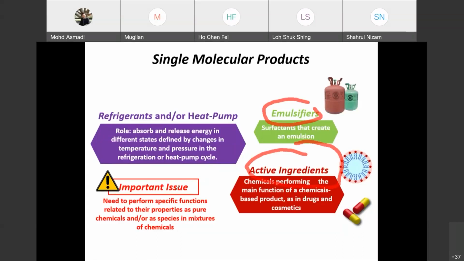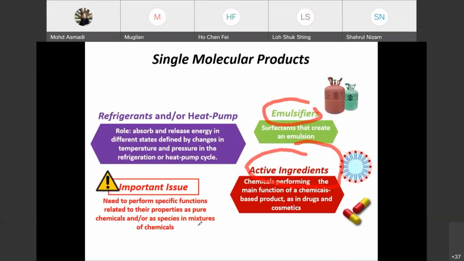However, there is an important issue: they need to perform specific functions related to their properties as pure chemicals or species in nature. The purity is important for the single molecule product. I already explained this in chapter one, especially for B2B, business to business products. The purity is most important.